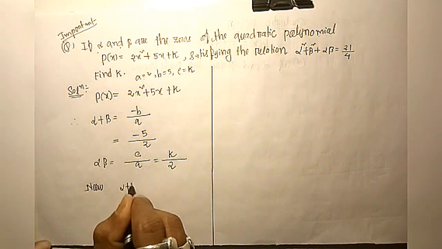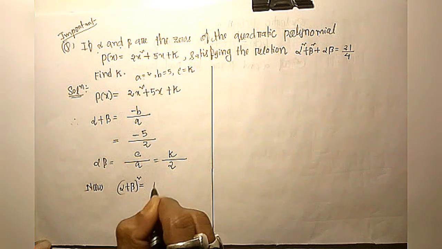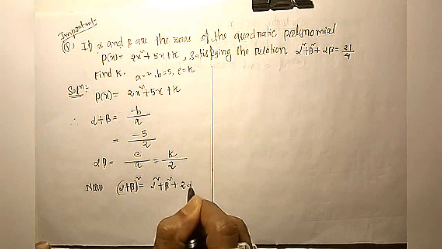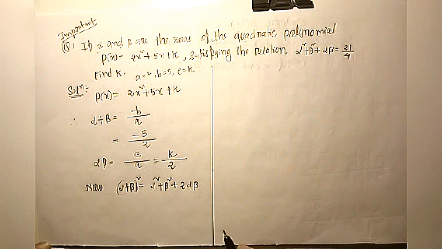Now alpha plus beta whole square is equal to alpha square plus beta square plus 2 alpha beta, the a plus b whole square form.